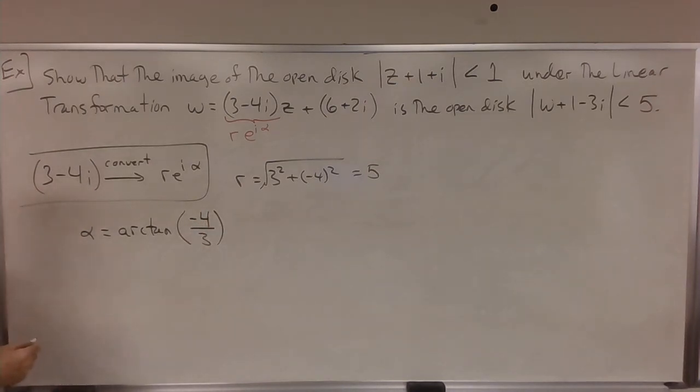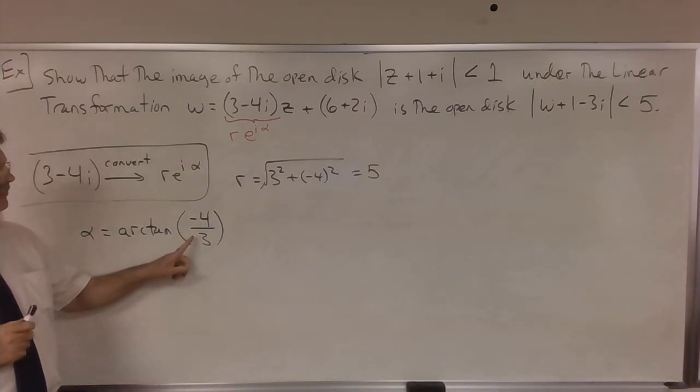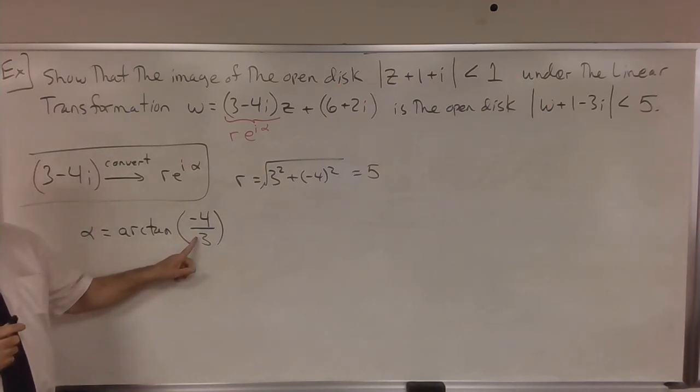And, you know what? This isn't one of those things that gives us an angle like pi over 6 or pi over 4 or pi over 3. We don't know what this angle is exactly.